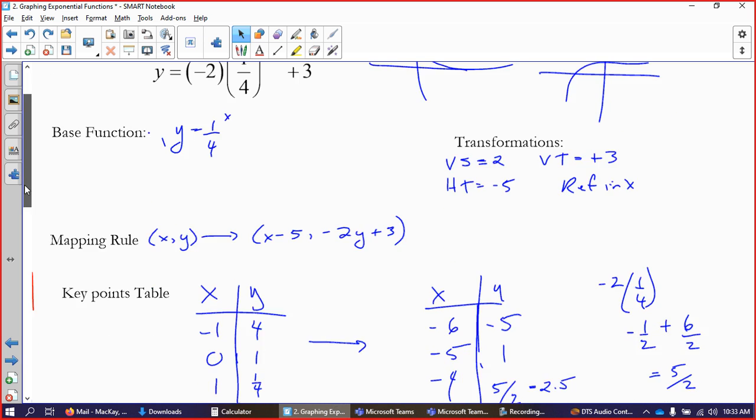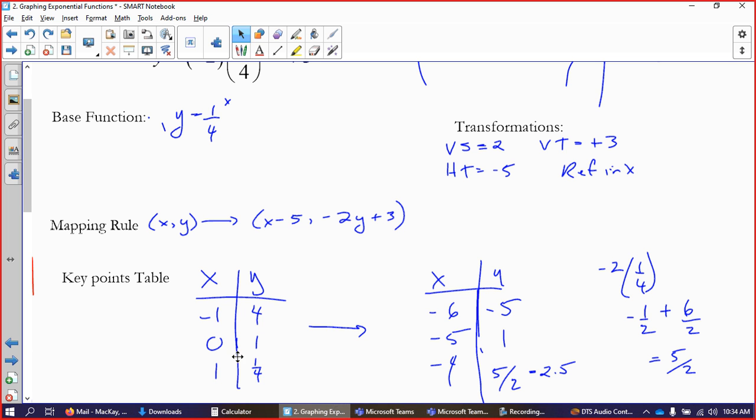So the key points are -1, 0, 1, and it's always going to be 0, 1, 1 and whatever the base is, and then you do the inverse for those. If this was 4 to the x, it would be 1/4 and 4, or 1/2 and 2. The -1 and +1 are always inversely related.